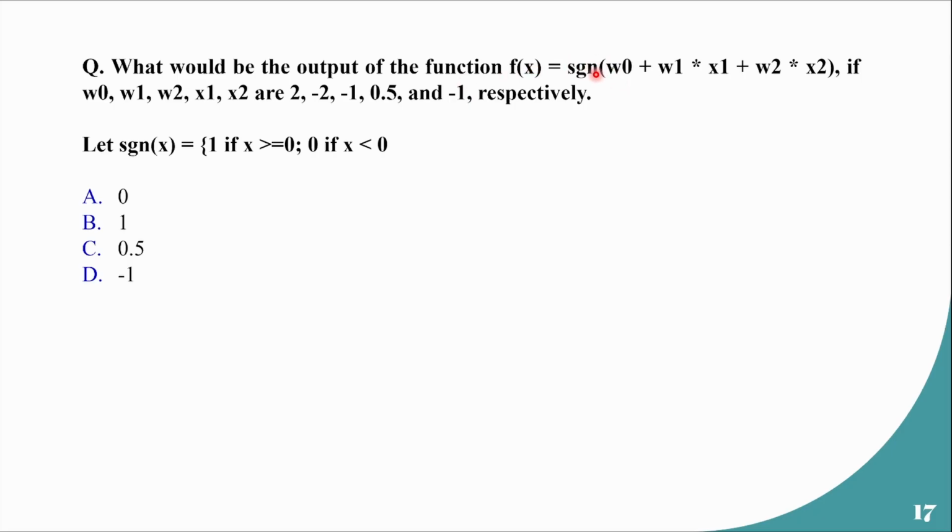Here it is saying that you have been given these different constants: you have W0, you have W1, you have W2. So f(x) will be SGN of W0 plus W1 times x1 plus W2 times x2. It is related to x1 and x2 by these different constant values, right? So it is giving you the values for W0, W1, W2, x1, and x2.